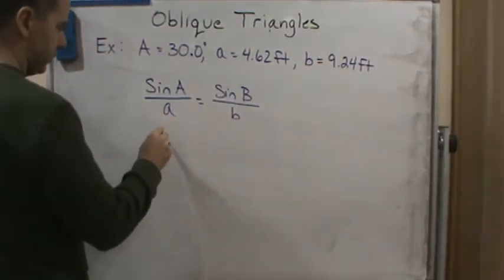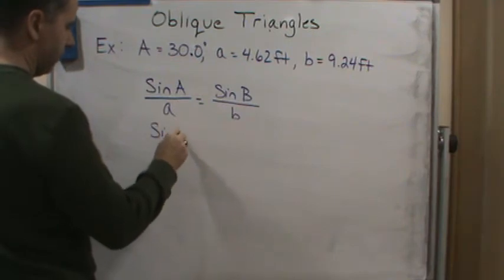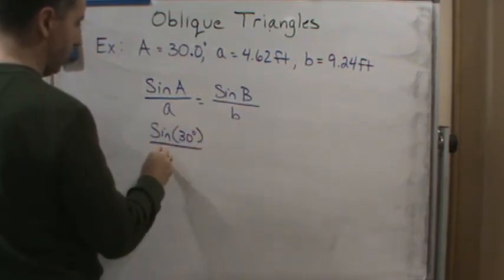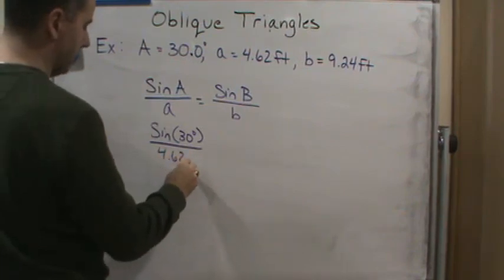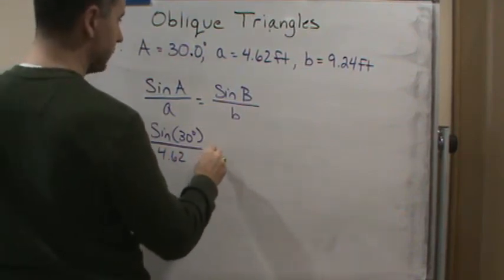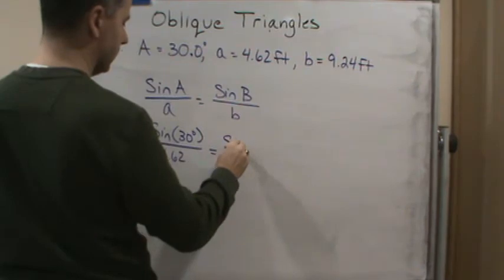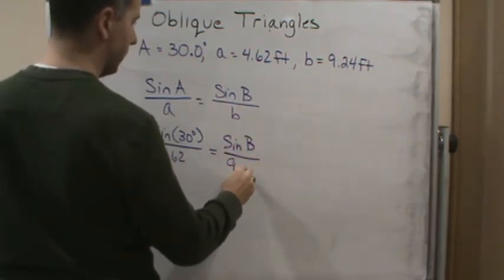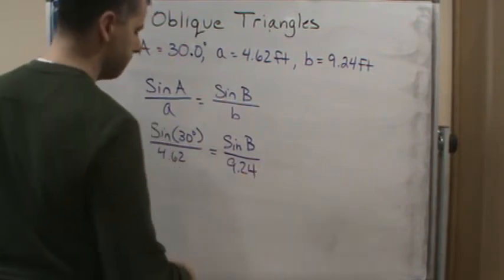So I'm going to plug in. This is going to be sine of 30 degrees over 4.62 feet equals sine B over 9.24 feet.